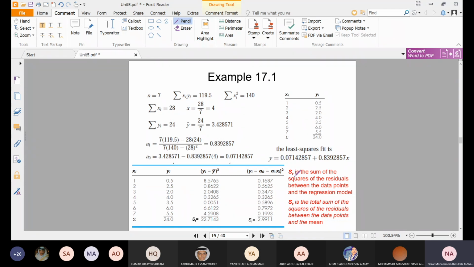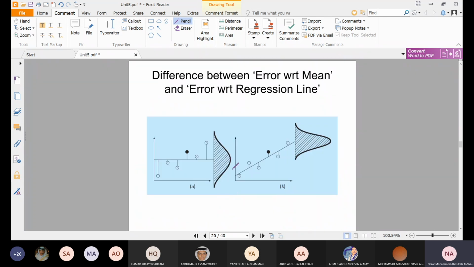The error S_R is the difference between the data that we have and the regression model. And the total error is the total sum of the squares of the errors between the data points and the mean. Okay, and we'll see the difference.